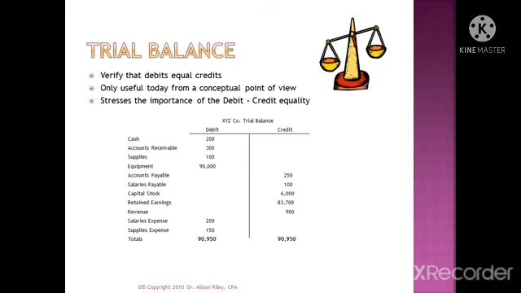This evidence tells us important but limited information. It tells us that debits equal credits and no more. If we have posted to the wrong account, as long as we correctly posted as a debit or credit, a trial balance will not expose this mistake. Similarly, if we omit to post a transaction completely, our debits and credits will still balance, and a trial balance will not expose this mistake either.